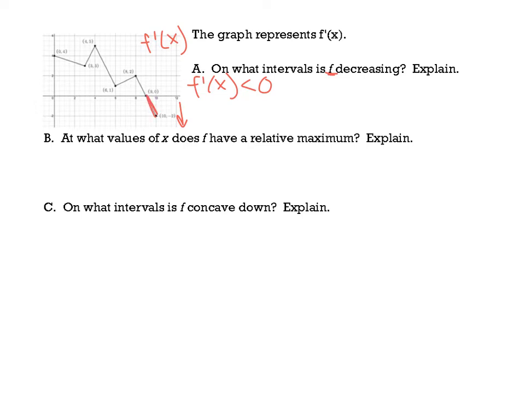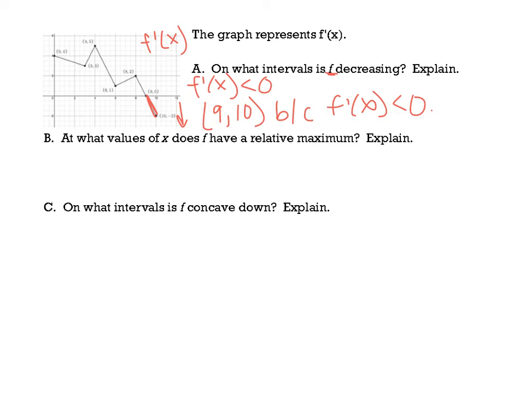So right here. So the interval of decreasing for f is where f prime is negative, so from 9 to 10. And your explanation for that would be because the first derivative is negative or less than 0.